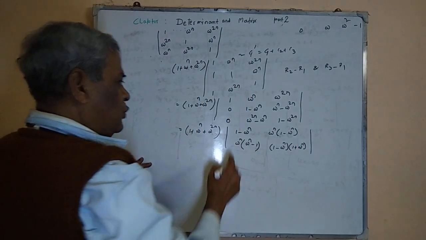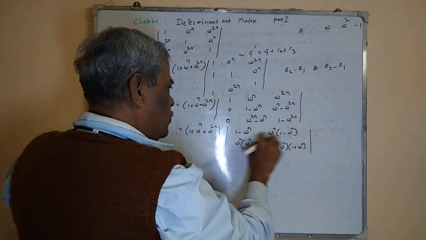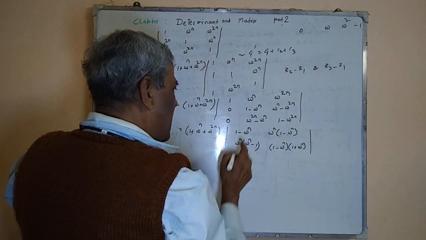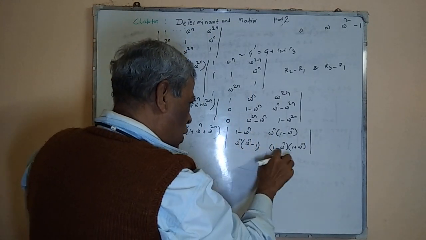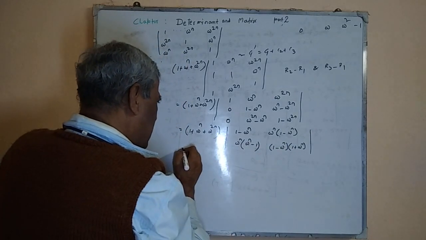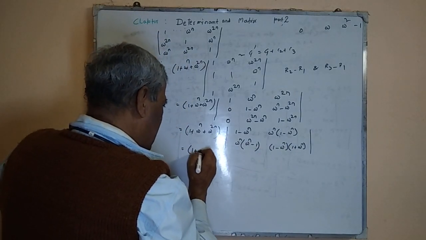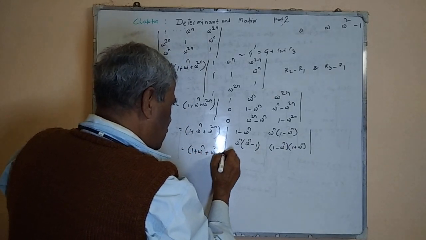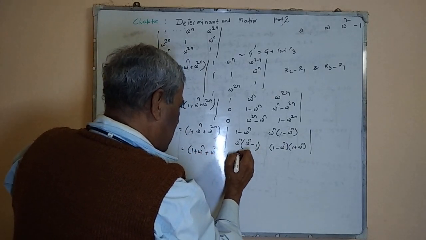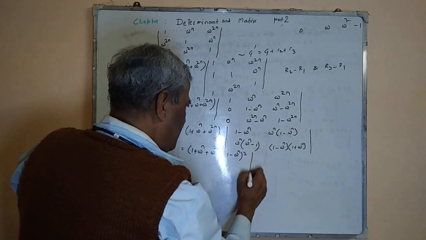Now we can take 1 minus omega to the power n common from R1 and 1 minus omega to the power n common from R2 also. So it is equal to 1 plus omega to the power n plus omega to the power 2n into 1 minus omega to the power n whole square.